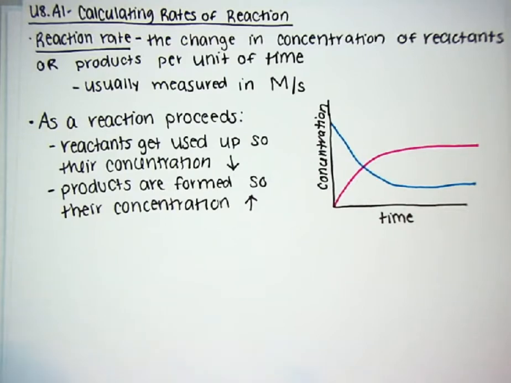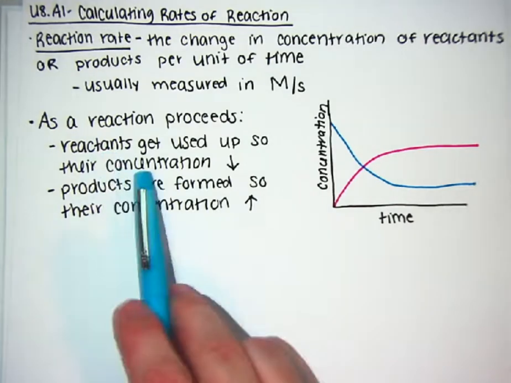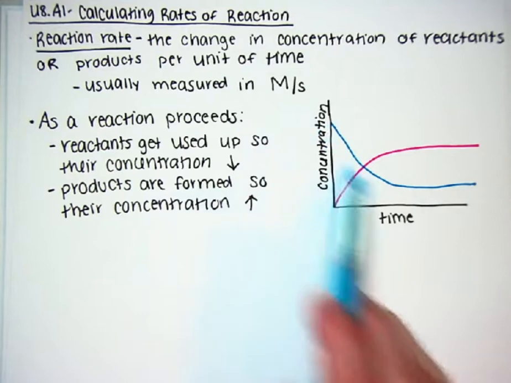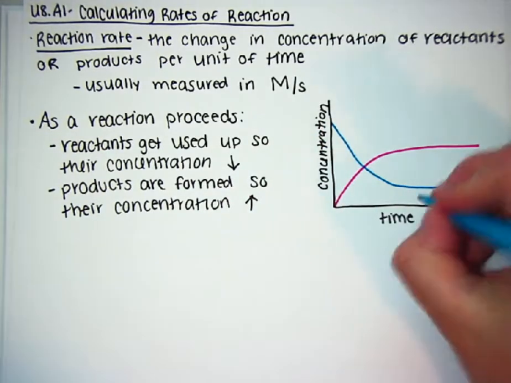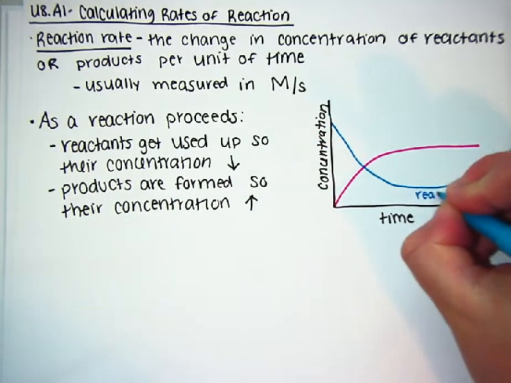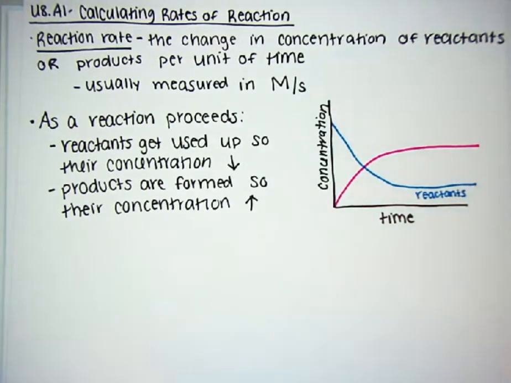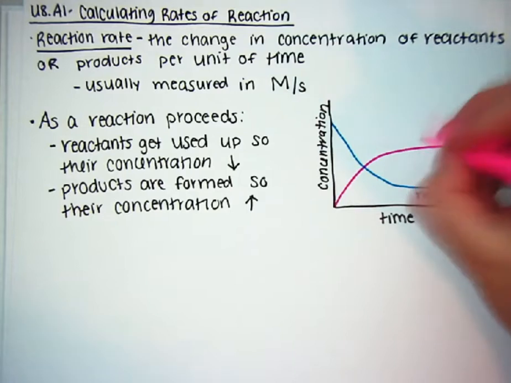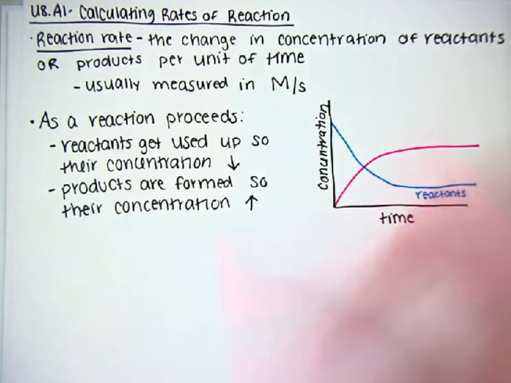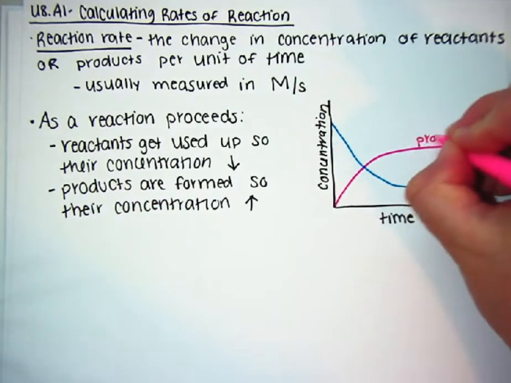You should be able to look at this graph and tell me which line represents the reactants and which represents the products. Well, we said reactants, their concentration decreases over time. So this blue curve would represent the reactants. The pink curve would be the products because the products' concentration increases over time.